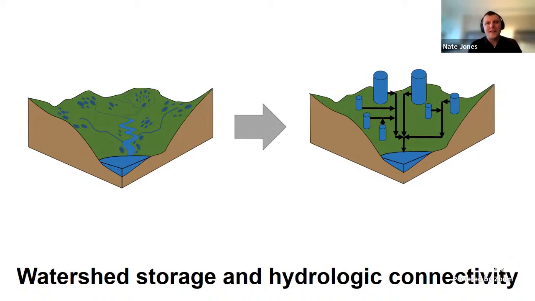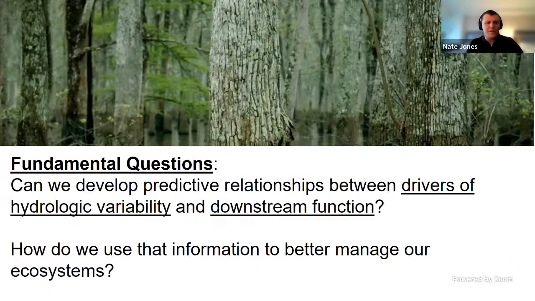Obviously, that is an oversimplification, but it sometimes helps us think about these storage volumes and how they change over time and the connectivity between them. So the fundamental questions that I want to get at here today are: can we develop predictive relationships between the drivers of hydrologic variability and downstream function? And how can we use that information to better manage our ecosystems?